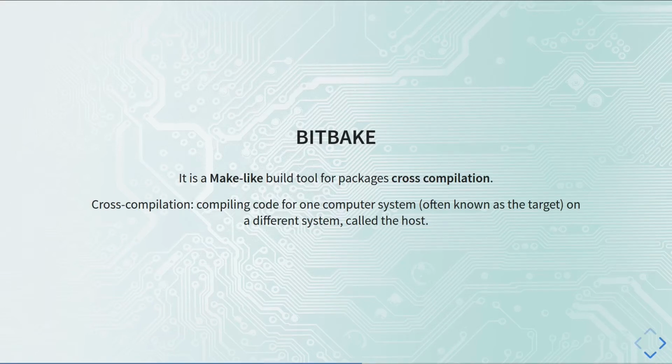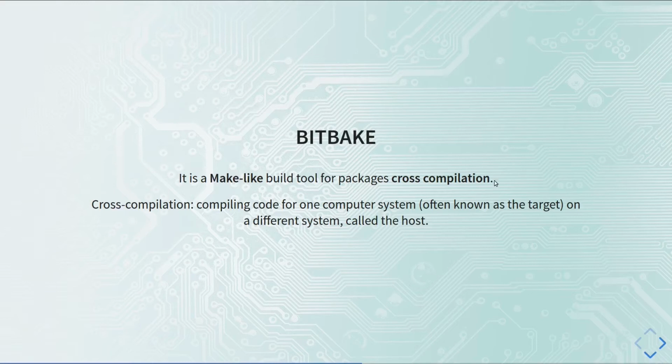I just said that Yocto is a collection of toolkits. One of these toolkits is Poky, that is this set of sources. But then you need software that can glue together and handle all these different package sources to create a final image. And this tool is actually BitBake.